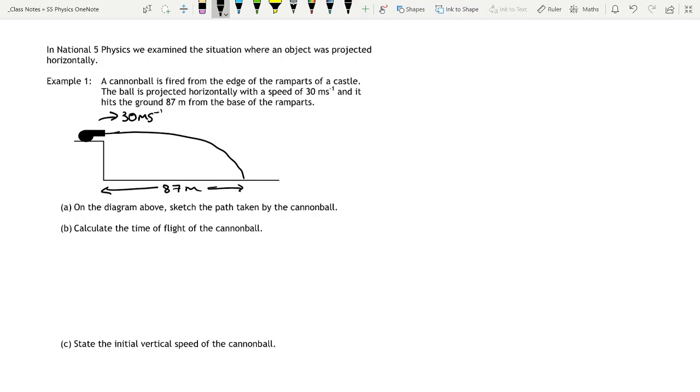So, for part B, calculate the time of flight of the cannonball. So for this one, we're just looking at the horizontal speed. We know the horizontal speed is constant, so it's going to be 30 meters per second all along. We know the horizontal distance, so we're just going to use distance is speed times time. Because it's horizontal, the speed is constant.